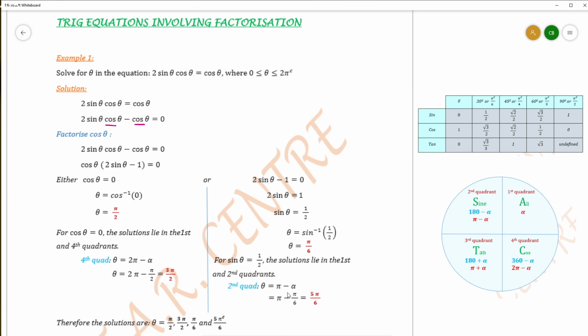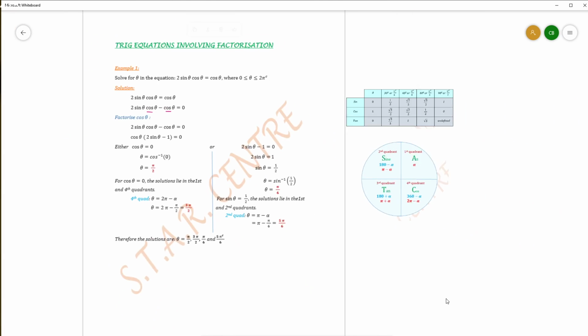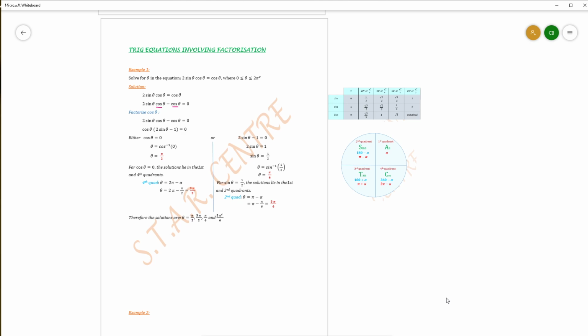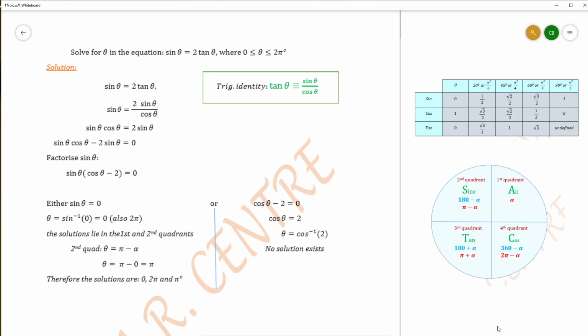So theta equal pi minus alpha, which is pi minus pi over 6, which is equal to 5 pi over 6. Therefore, the solutions for this equation that we started with would be all four values: pi over 2, 3 pi over 2, pi over 6, and 5 pi over 6 radians. Let's look at another example.